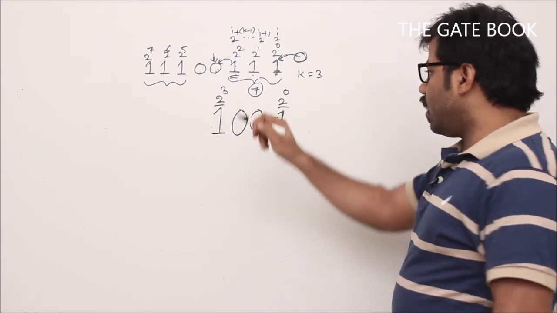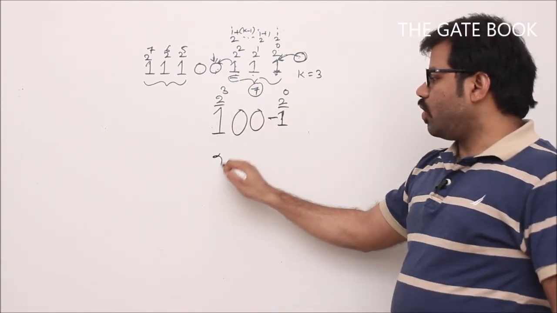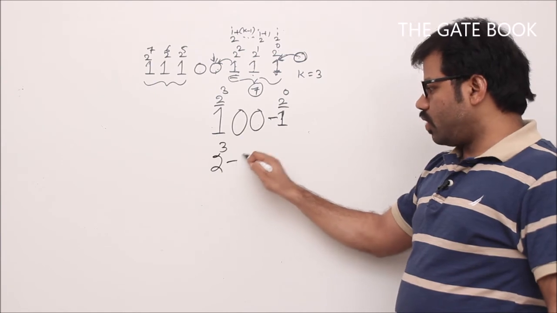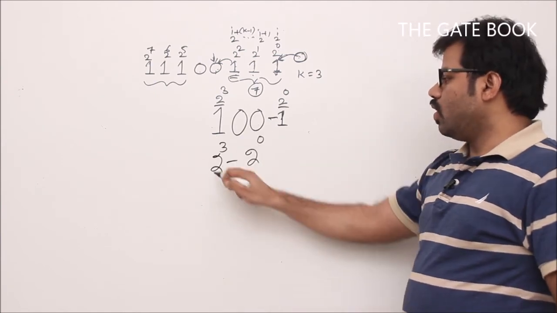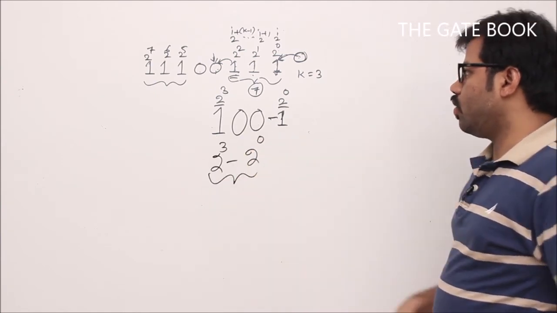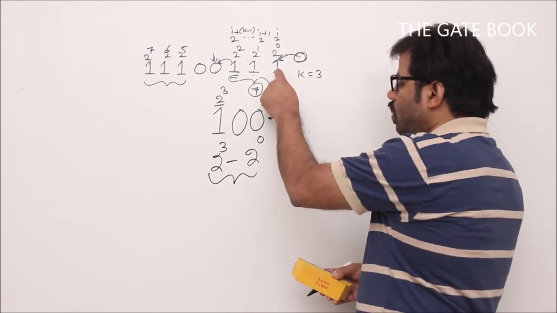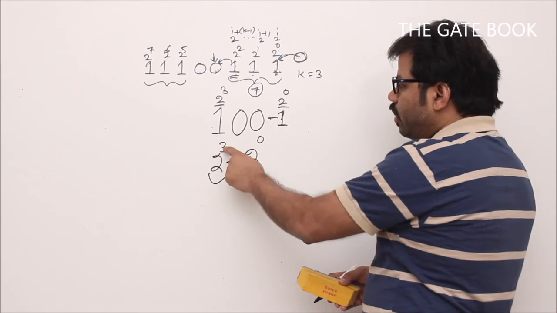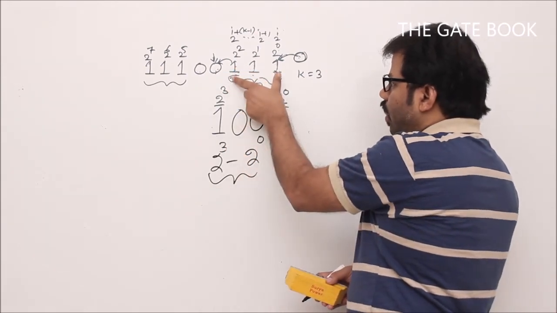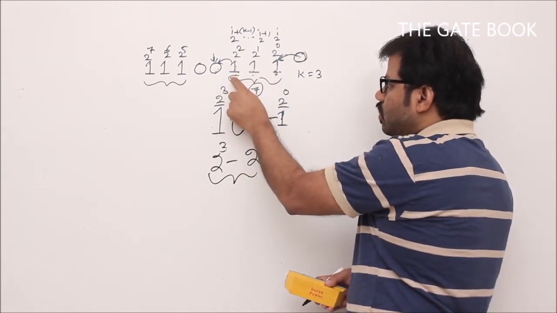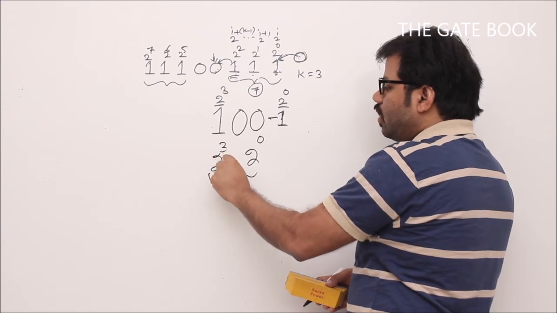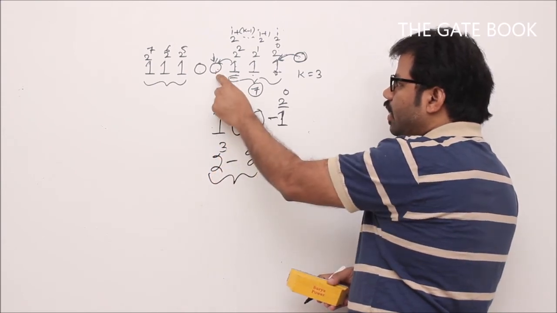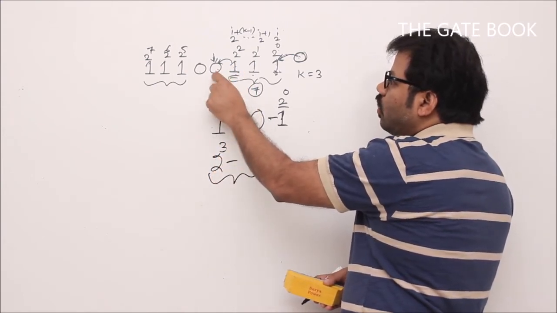So in our calculations, recall, 7 is nothing but, if you simplify, 2 to the power of 3 minus 2 to the power of 0. This entire story is about writing minus 1 in the 0th position and in the 3rd position, but we have ones only up to the second position. That means we have to write in the 3rd position, which is indicated by the 0 after 1.